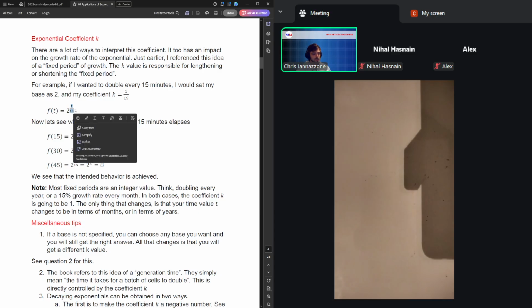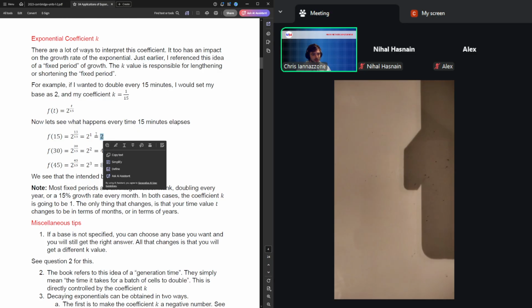You got t equals 1 gets you 1 over 15, t equals 2 gets you 2 over 15. It's only when you get to t equals 15 that you finally go from your initial value of 1 to a double value of 2. Then again, the next 15 ticks is what finally causes it to double for the next one, and so forth. This is what we're trying to achieve here by doing it.